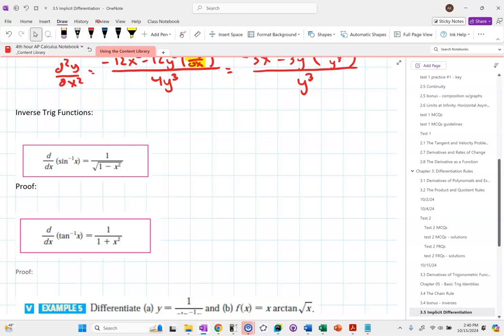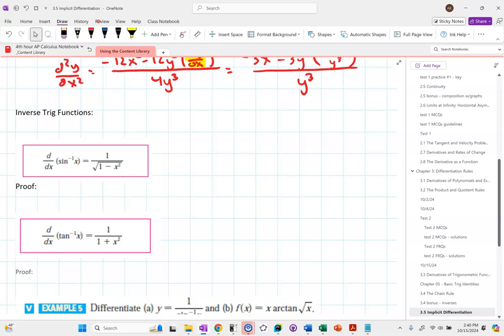The last piece here is that I'm going to introduce for you some more derivative shortcuts. So we have derivatives for anything that's written as a power function, like x to the n. We have e to the x. We have all of the trigs: sine, cosine, tangent, secant, cosecant, cotangent.